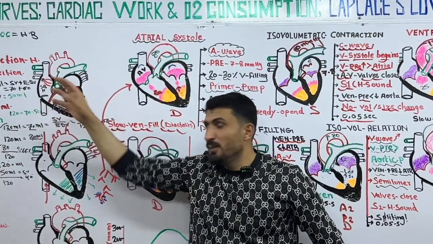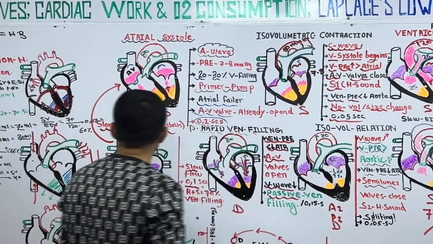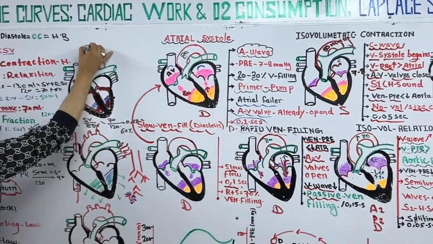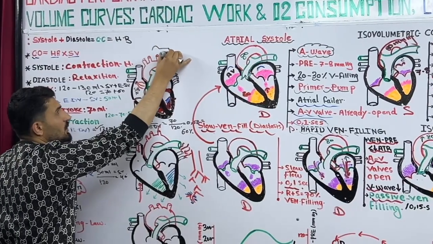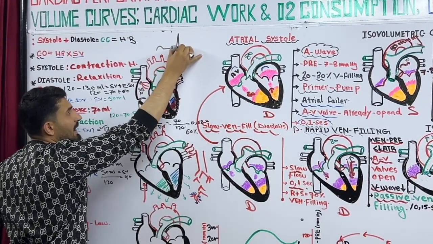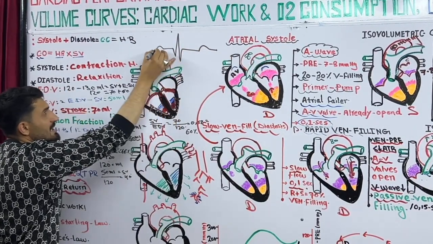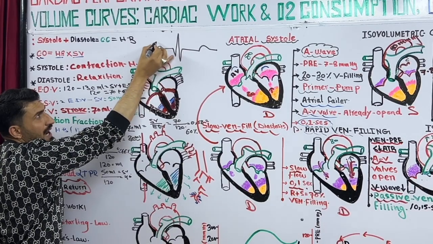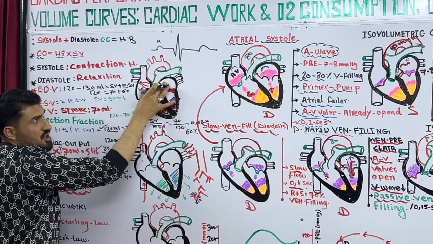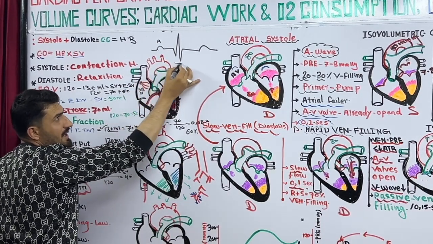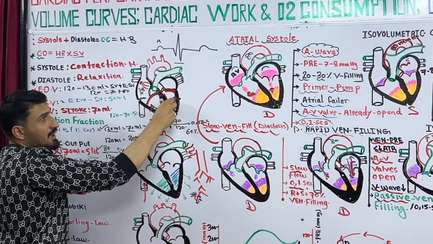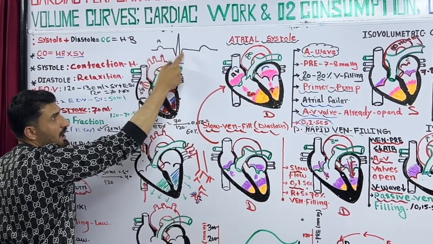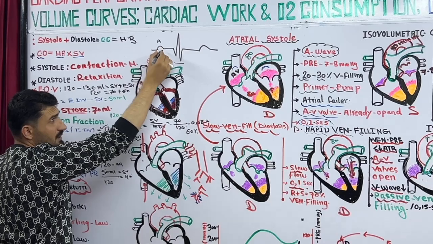And in the ECG, do you know about the ECG? Come here. We have, for example, the P wave, Q, R, S, T. This P wave is due to atrial depolarization, which leads to atrial contraction. This QRS is due to ventricular depolarization.